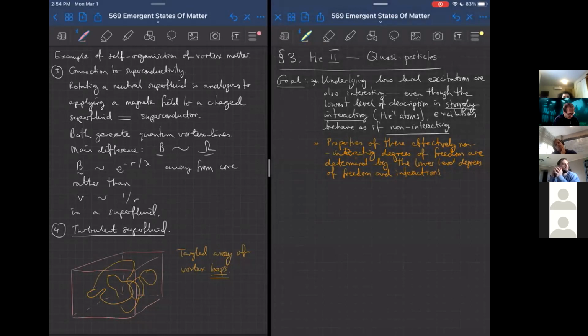And what we're going to do is we're going to do this in multiple ways. So one way to do this is phenomenologically. And by that, what we mean is we're going to guess what the excitation spectrum looks like, and relate that to thermodynamics.